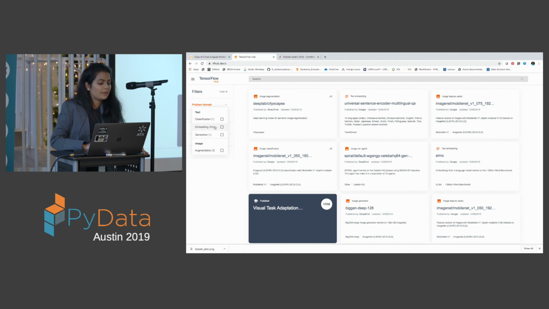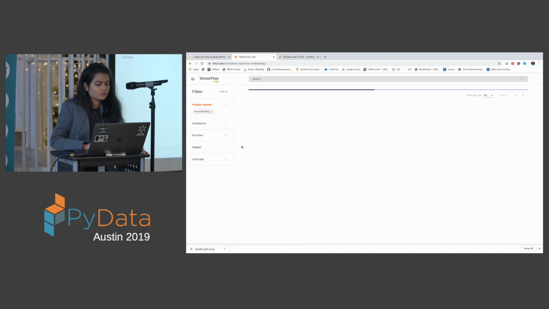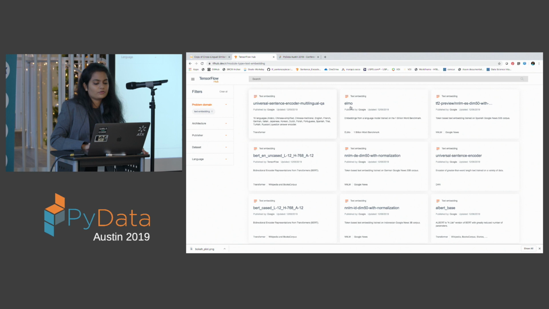So if you're looking for embedding related models, you can just click on that. And then you'll see a lot of these different models. The one I have used is Universal Sentence Encoder Multilingual, but they also have a question-answer specific pre-trained model as well, which is this. And then there are a bunch of other models with examples and Colab notebooks.